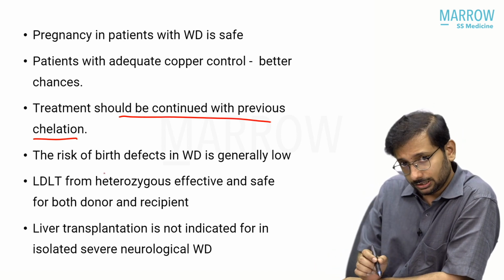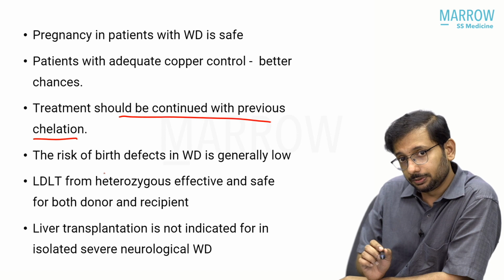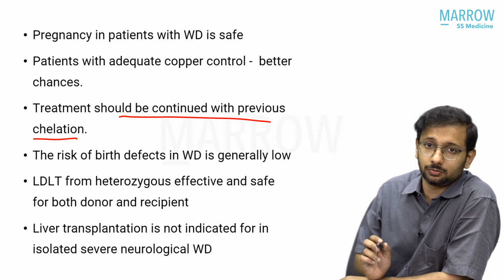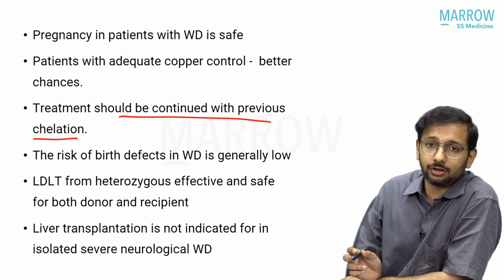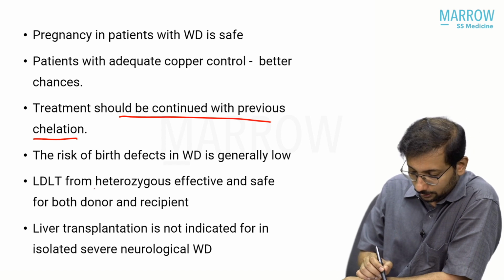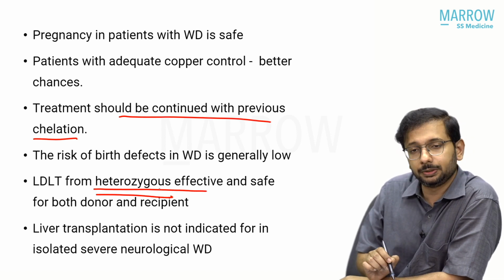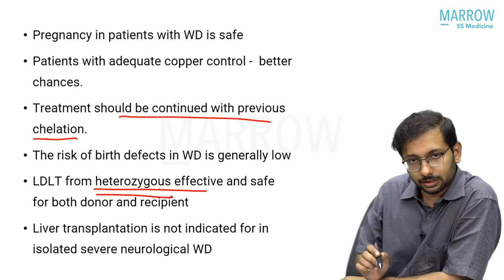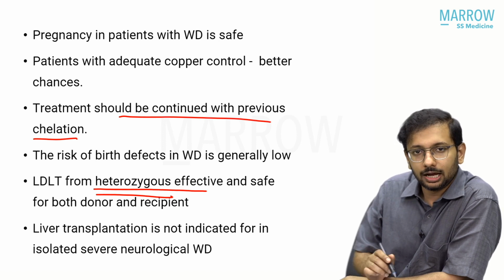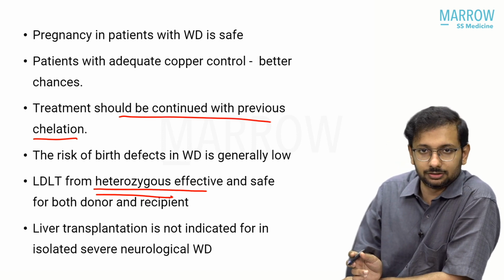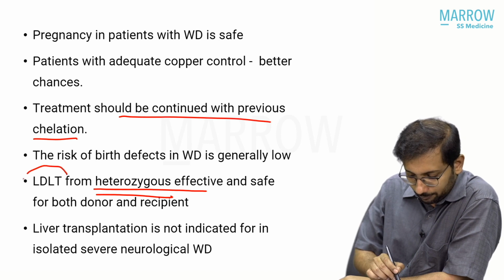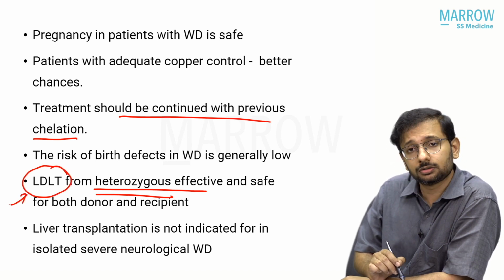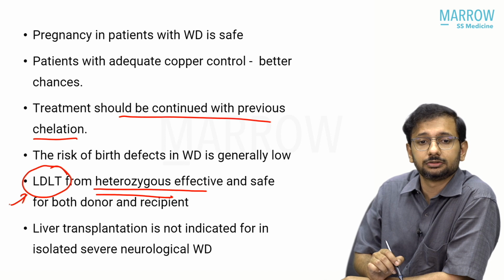You also know that in Wilson's disease the siblings can be affected because it is autosomal recessive. Siblings who are heterozygous, however, do not have any problem and do not manifest Wilson's disease at all, and they can be donors for living donor liver transplant.